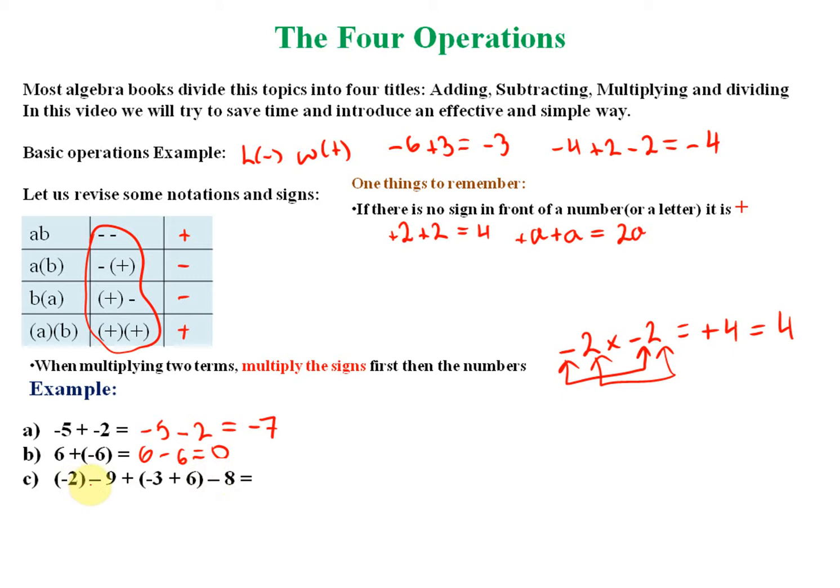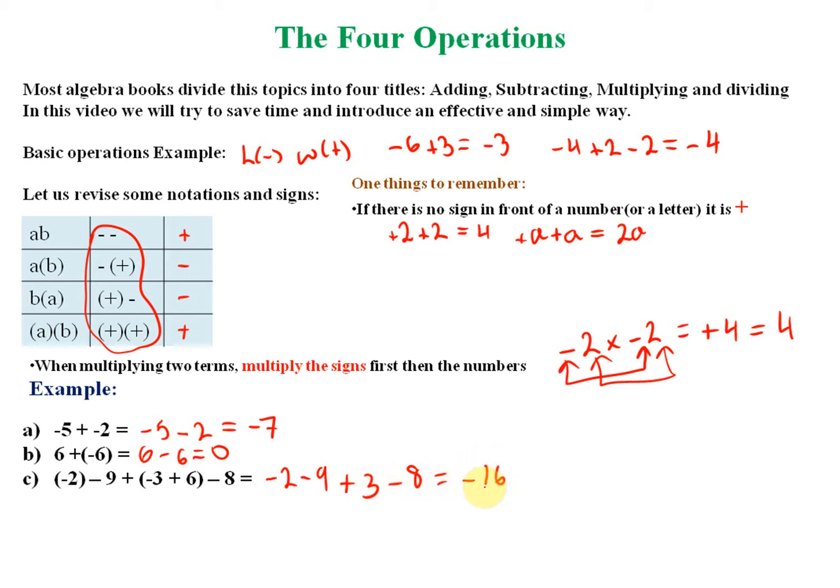Let's have a look at this one. Negative 2, negative 9, and then we do the parentheses, which is positive 3, so it's 3, and negative 8. So we have negative 2 and negative 9 is negative 11, then plus 3 is negative 8, and negative 8 is negative 16.